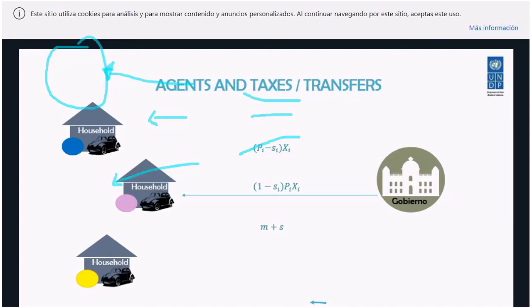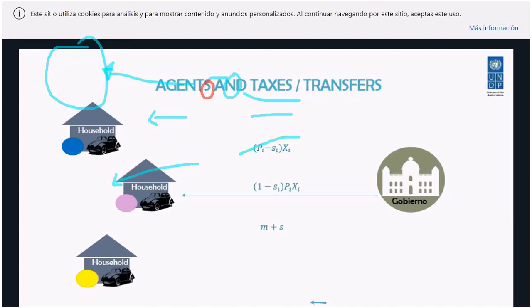So the government could say, okay, you consume X quantity of electricity, let's say 100 kilowatts, and you pay a certain amount per kilowatt, which is denoted by P. So price times quantity equals the amount that you pay monthly in your electricity bill.